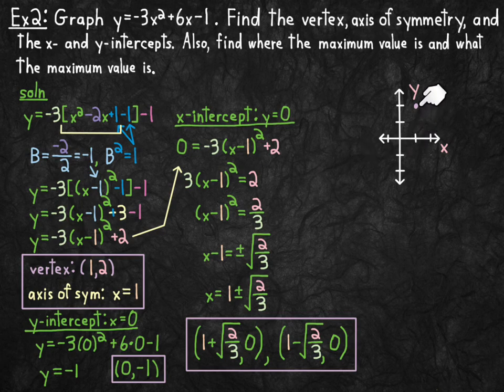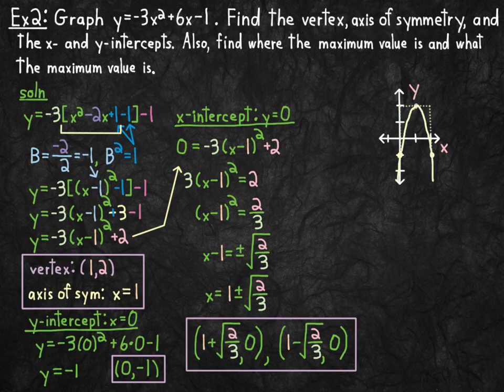So I would go right 1 and down 3, left 1 and down 3, which happens to coincidentally give me the y-intercept. So you can see that turned out right. So some of this is checking my work too. So I get that and that.